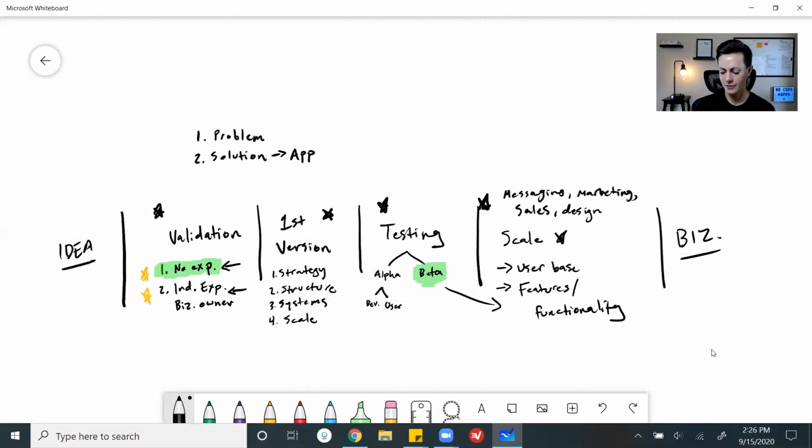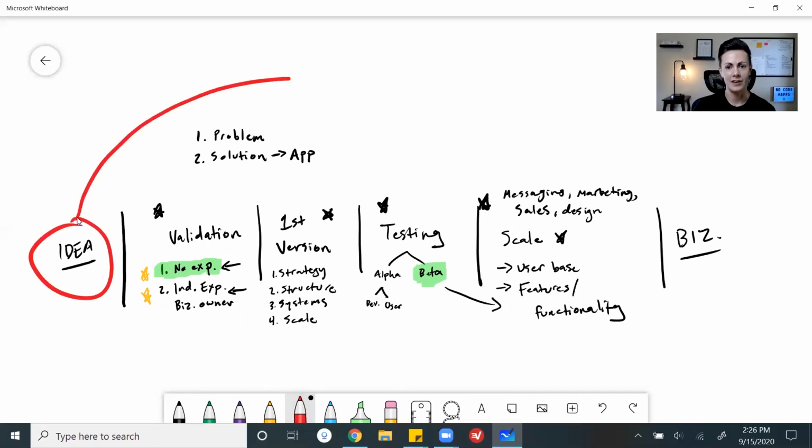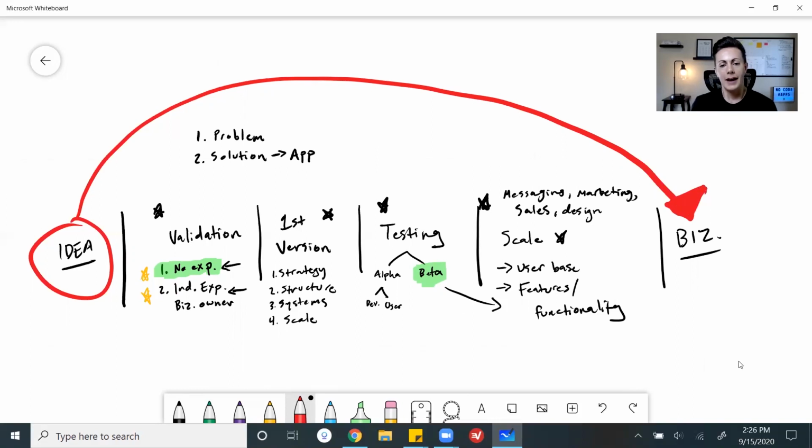That's on this other end, okay? So what most people do is they go from this idea stage, or rather they try to go from this idea stage all the way over to there, in kind of one big leap. And a lot of things happen when you do that.